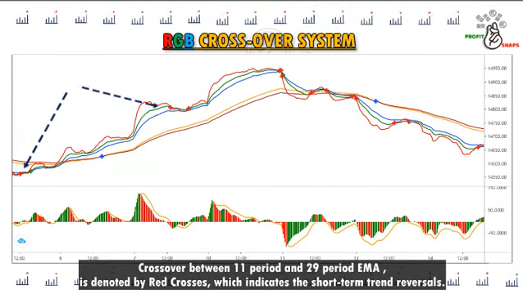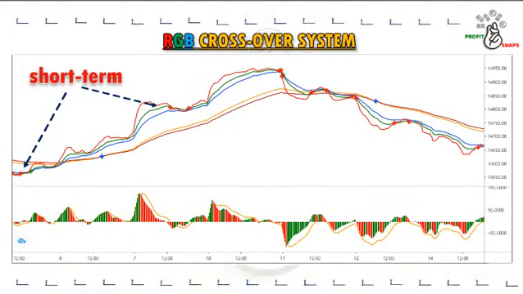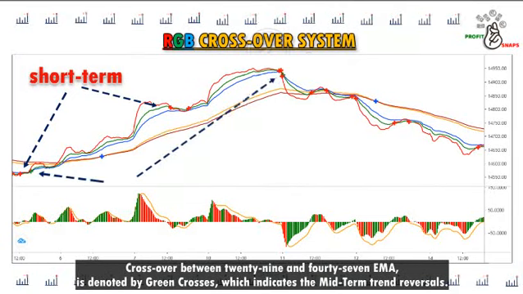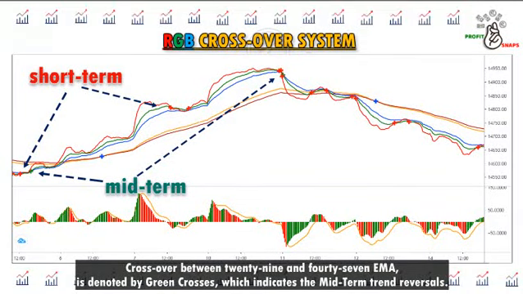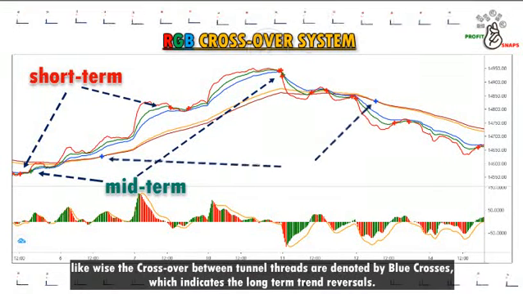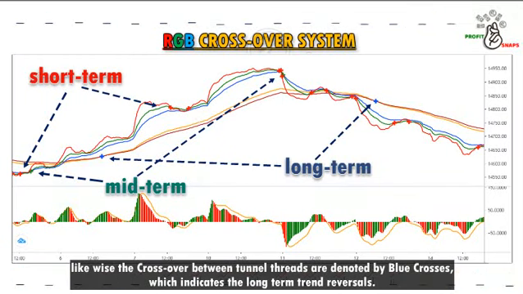Crossover between 11 period and 29 period EMA is denoted by red crosses, which indicate short-term trend reversals. Crossover between 29 and 47 EMA is denoted by green crosses, which indicate midterm trend reversals. Likewise, the crossover between tunnel threads is denoted by blue crosses, which indicate long-term trend reversals.